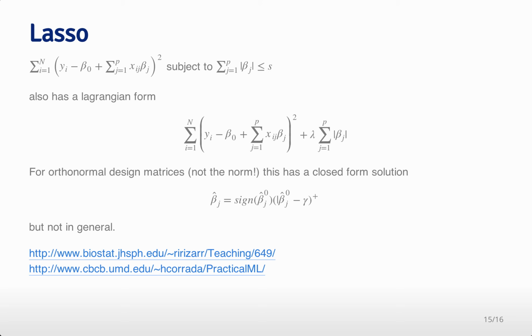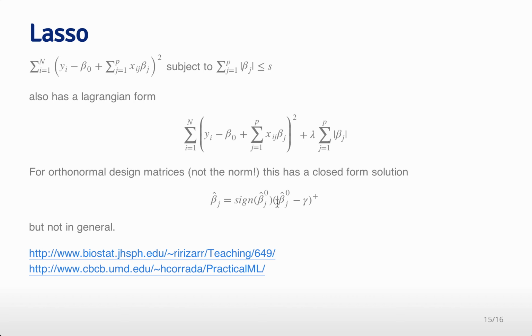So for orthonormal design matrices, which you can see on Wikipedia, the idea is that this actually has a closed form solution. And the closed form solution is basically take the absolute value of the beta j and subtract off a gamma value and take only the positive part.